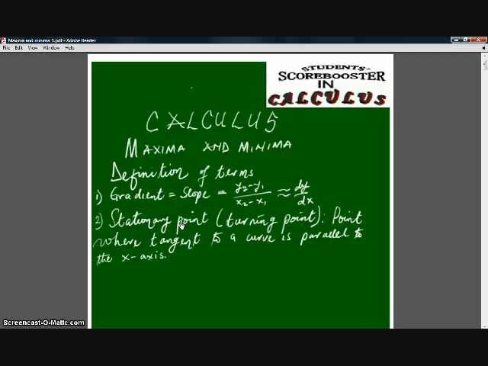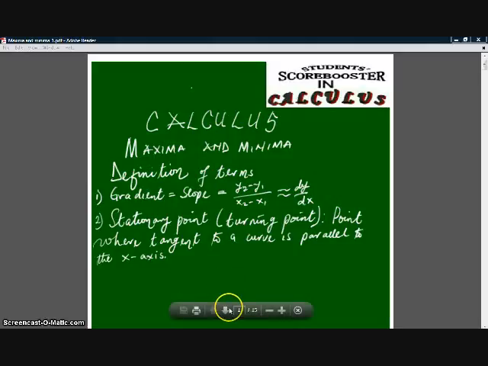Stationary point is also called turning point, and we can simply define this as a point where the tangent to a curve is parallel to the x-axis. This is not the important aspect of this term.